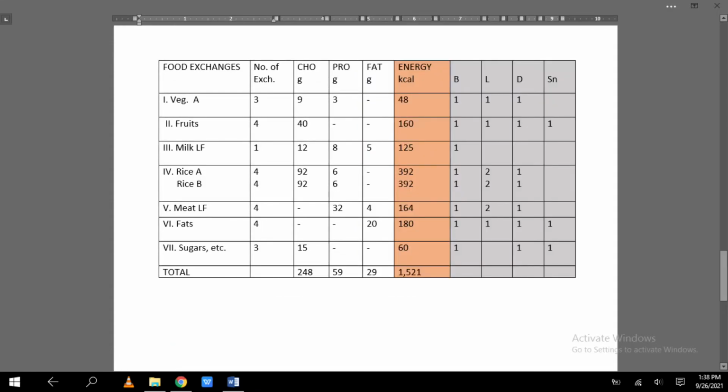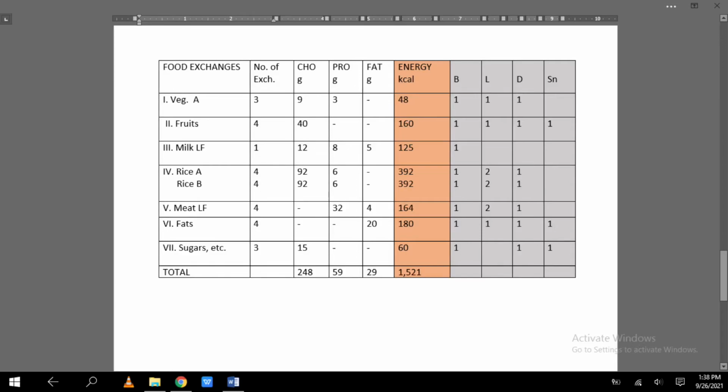So in getting my energy kcal, carbohydrates will be multiplied by 4, proteins will be multiplied also by 4, and fats multiplied by 9. So 9 times 4 plus 3 times 4 is equal to 48 for vegetable.